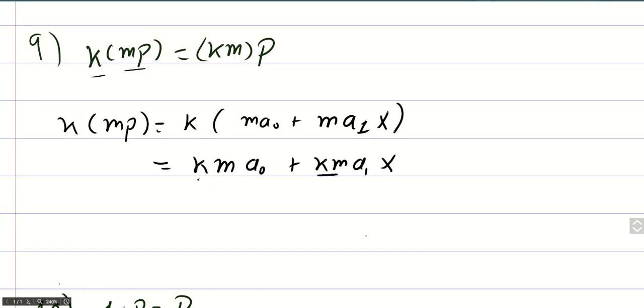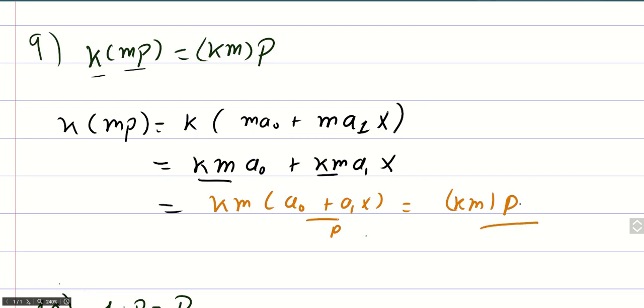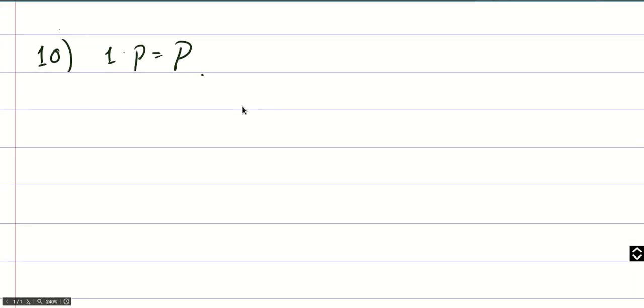Look, both have km, so we can take it out as a common factor. So we get km times a0 plus a1x, and this is just p, so we end with km multiplying p. That is the property that we should prove. And the last one is just the polynomial times 1, but that is quite trivial. We have 1 times a0 plus a1x, and when we multiply, we obtain just a0 plus a1x, which is again p.